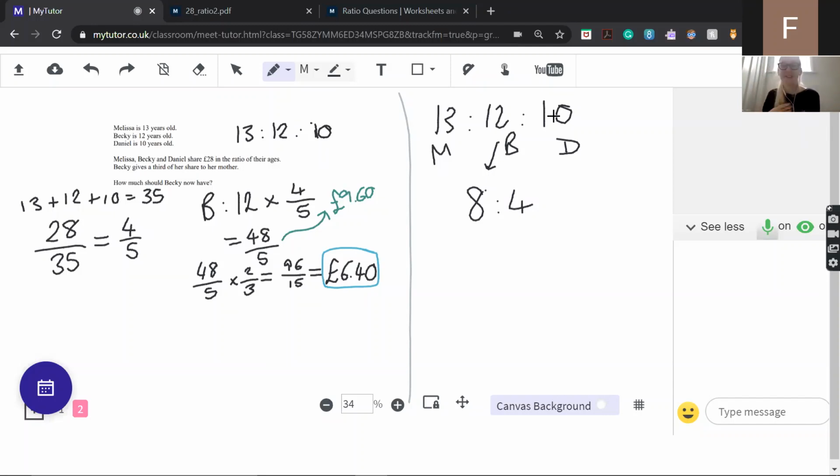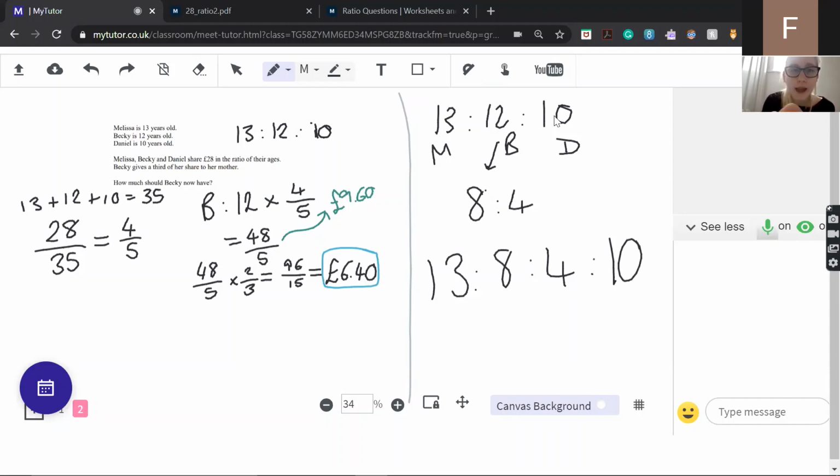Because 1/3 of 12 is 4, right? So say you've got 12 chunks of money, and in this case, that's 12 lots of 80p. If you've got 12 of those chunks and you give 1/3 away, you're giving 4 away. So we can make this ratio now like this. Replace that 12 with an 8 and a 4.